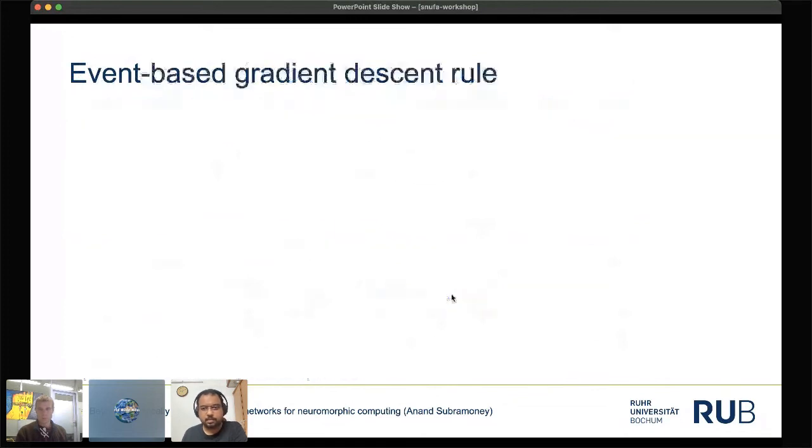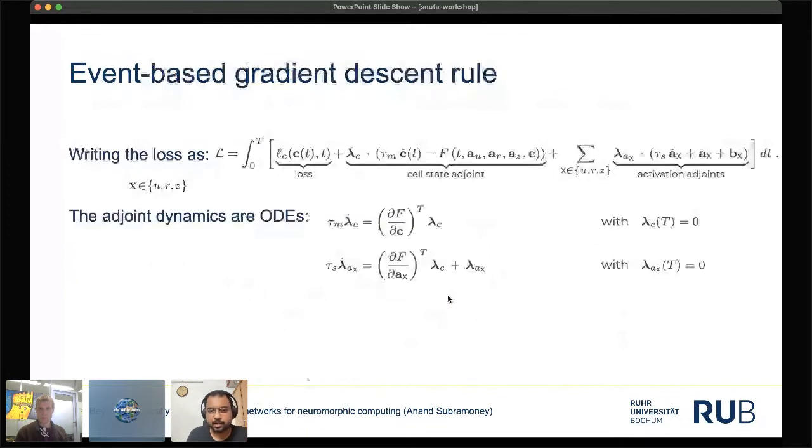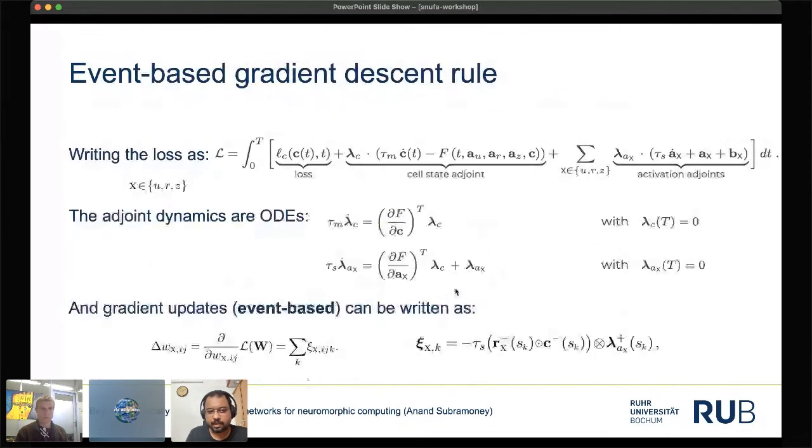And so I'm not going to go into this in too much detail, but essentially the bottom line is that you can derive an event-based gradient update where you only need the values of the backward adjoint variables and the forward variables at the times of the events, and you can use this to calculate the weight updates, right? Which can lead to a very efficient backward pass. So this is very similar to the EventProp algorithm described for spiking neural networks.